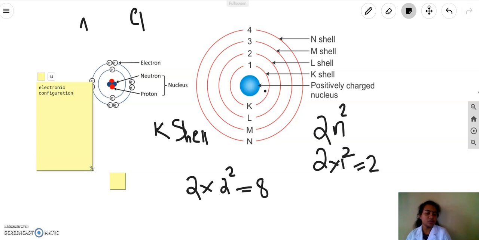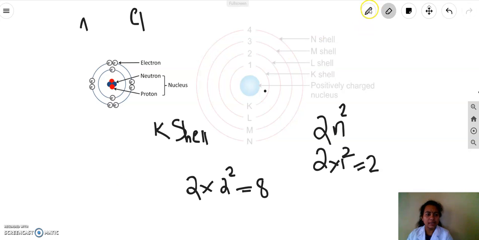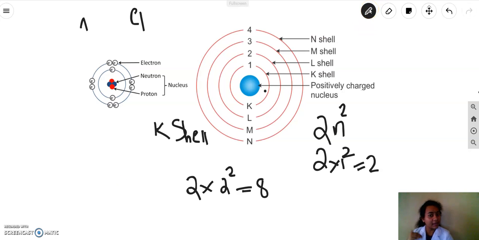So what is the electronic configuration? It is the arrangement of electrons. This we will study in the next chapter, but for your knowledge to write the chemical formula, I am teaching all this.